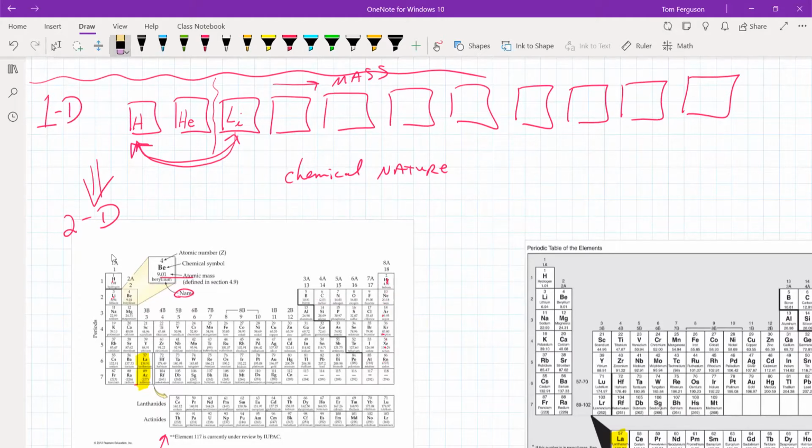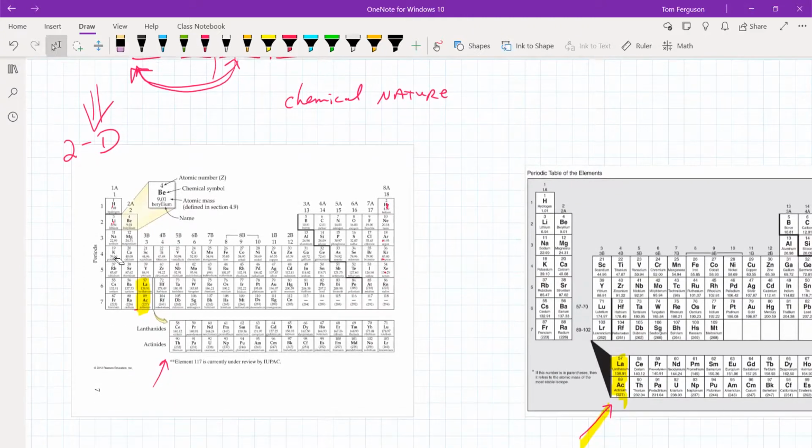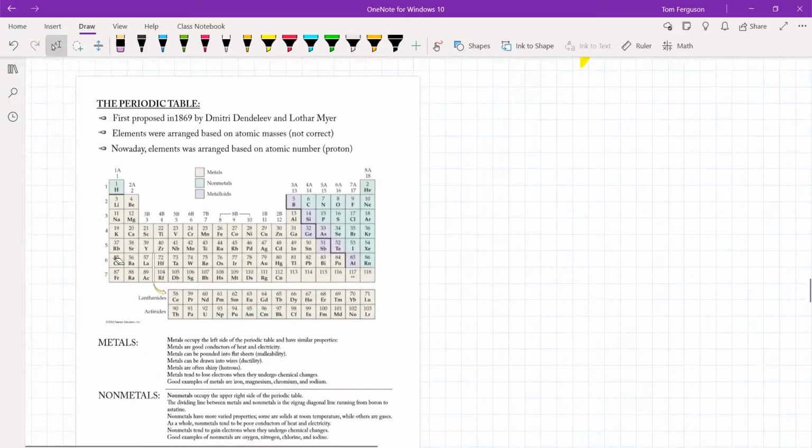So I want to talk about how this thing is organized. First of all, we've got this black squiggly line here.